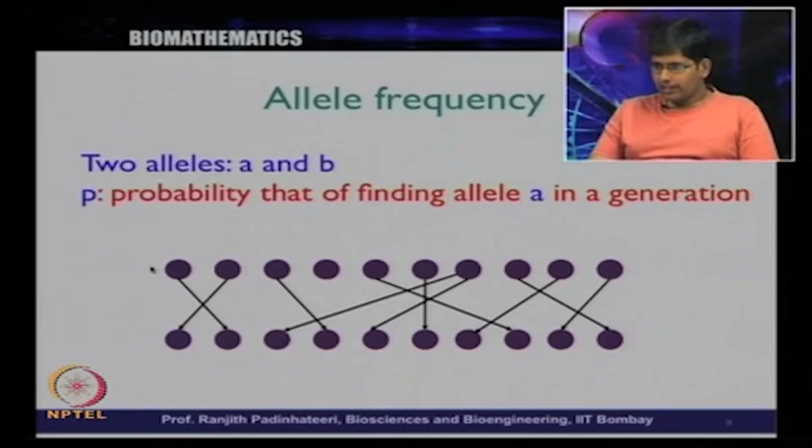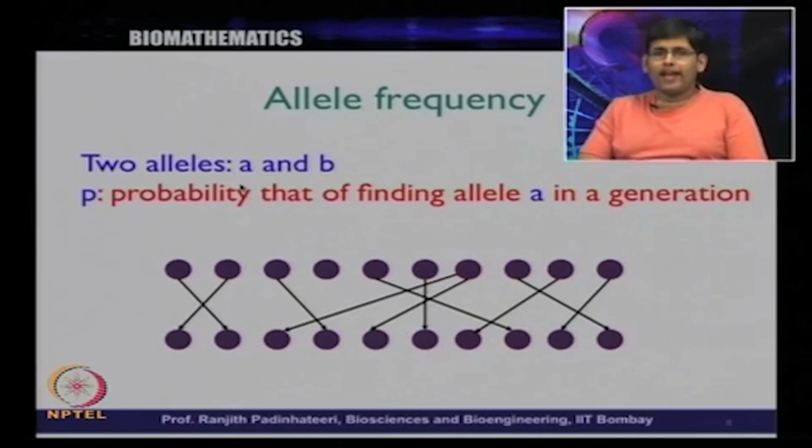So, in this parent generation, how many of these alleles A will be there and how many of allele B will be there, and let P be the probability of finding allele A in this generation.